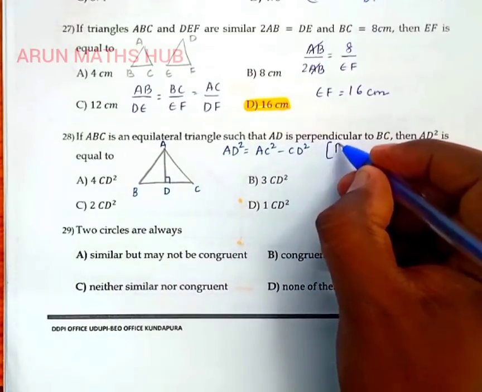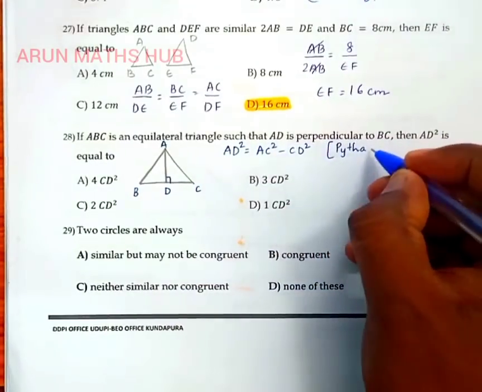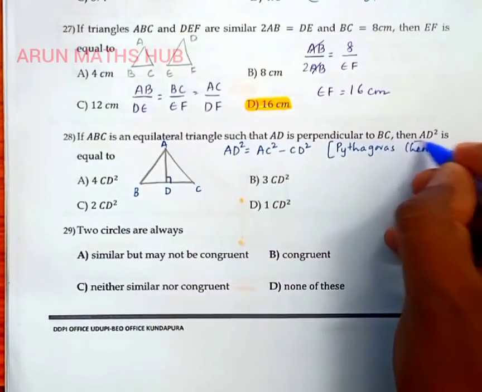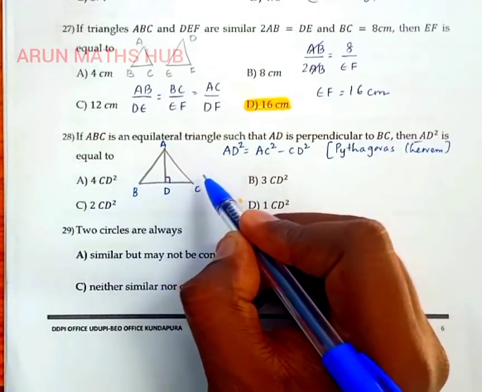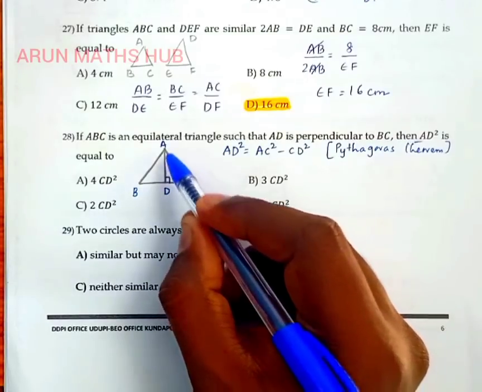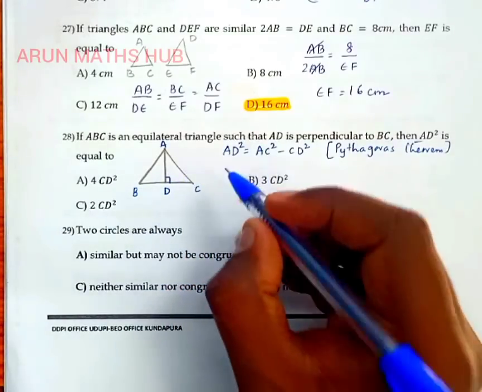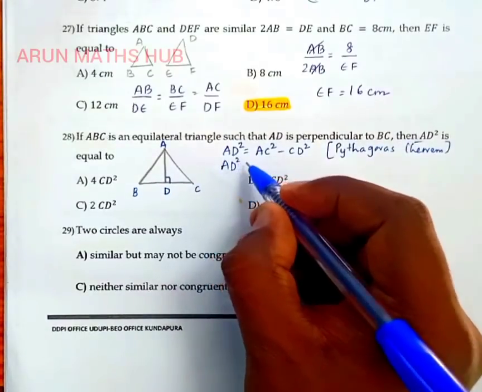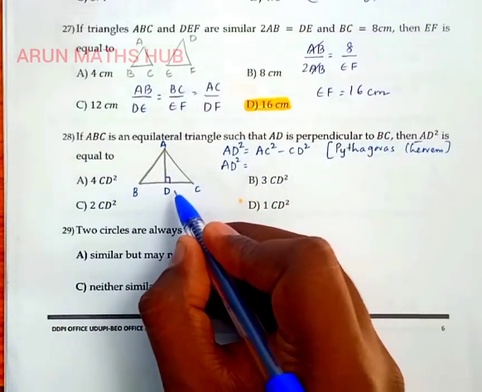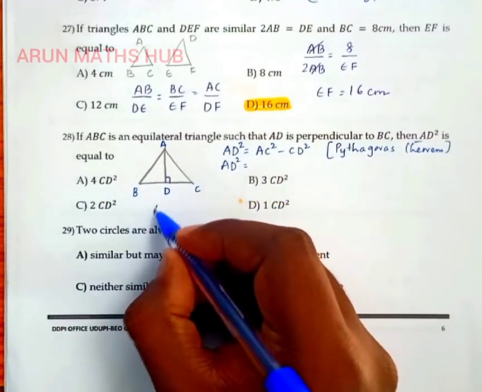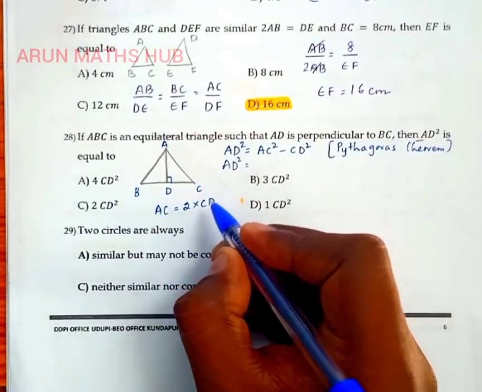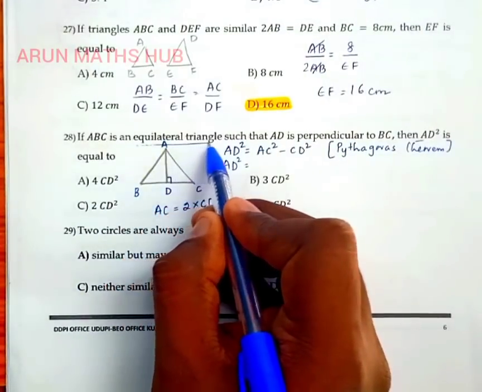In right angle triangle ADC, apply Pythagoras theorem, that is AC square will be equal to AD square plus CD square. We need to find out AD, therefore AD square equals AC square minus CD square. What is AC? AC will be equal to 2 times CD because it is an equilateral triangle and AD is perpendicular.